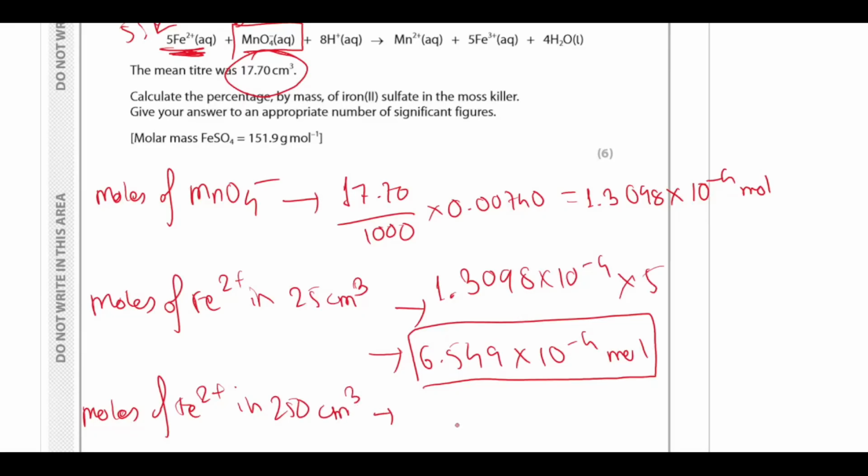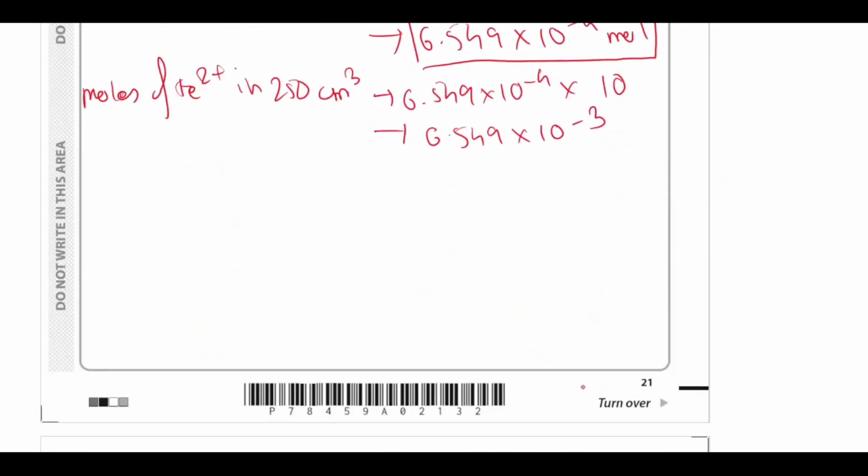All you do is multiply by 10. That would be 6.549 times 10 to the power -3. It's just simple math.